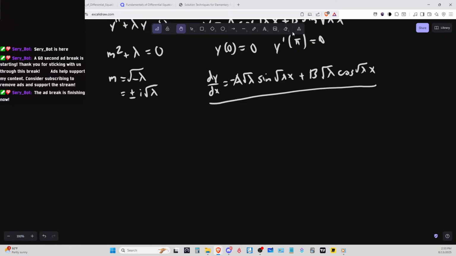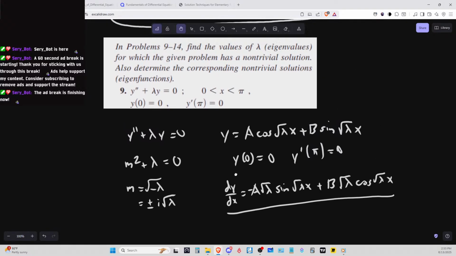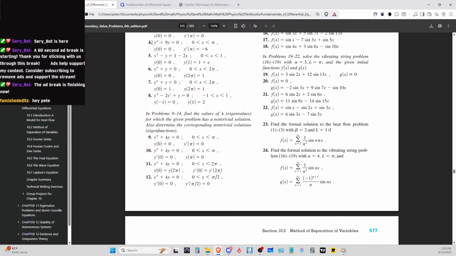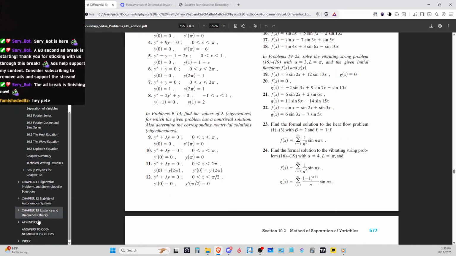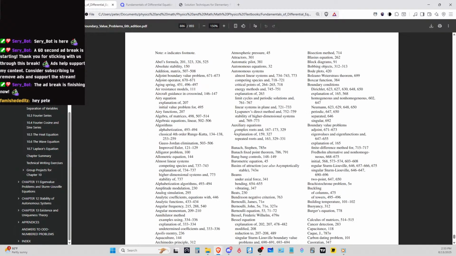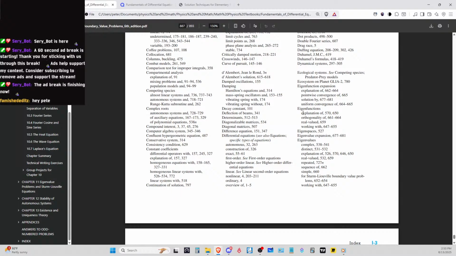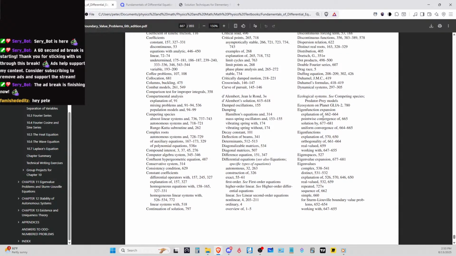So maybe I have to look up the chapter involving eigenvalues and eigenfunctions. Hey Famish, how's it going? So let me take a look at the index. Where do they talk about eigenvalues? Eigenfunctions. Eigenspace, eigenvalues.